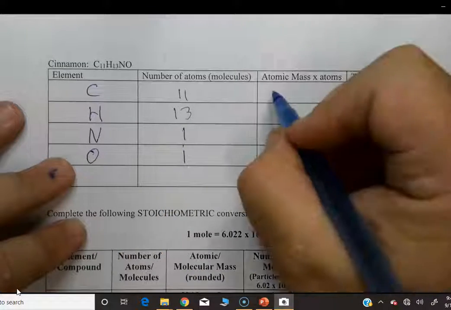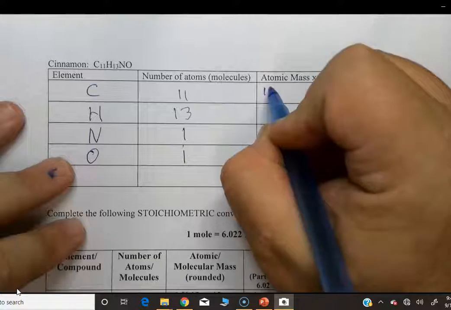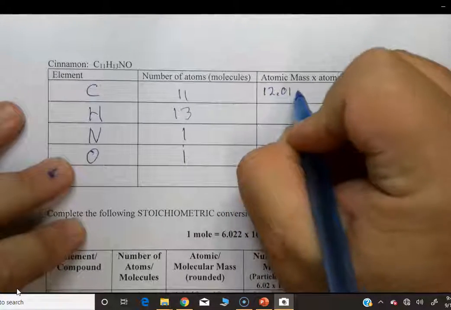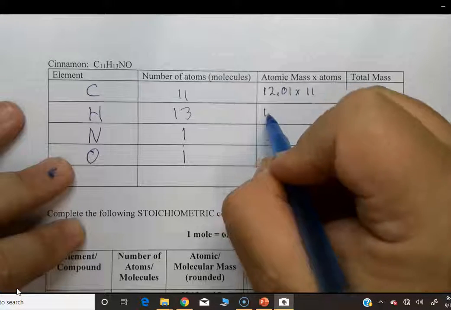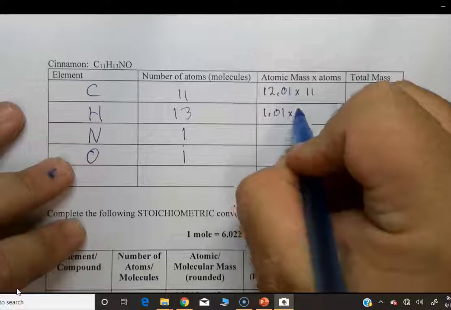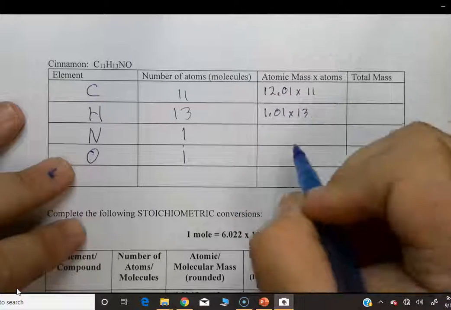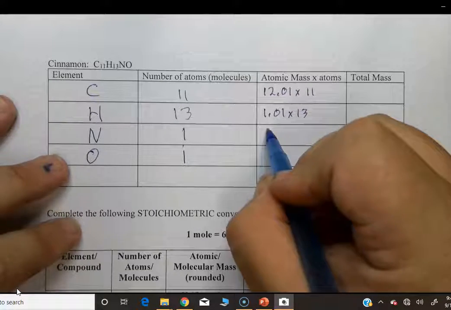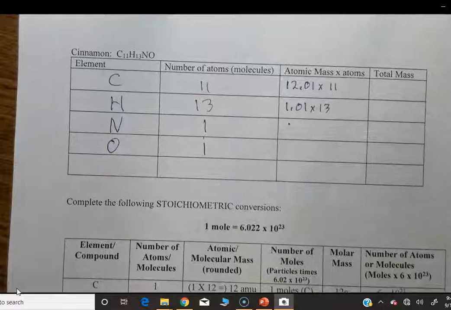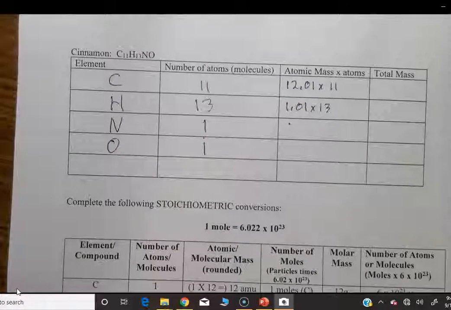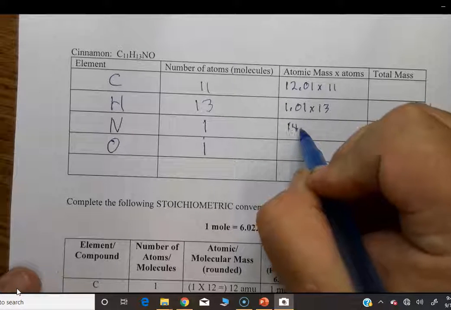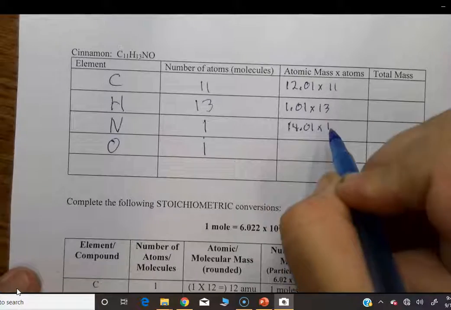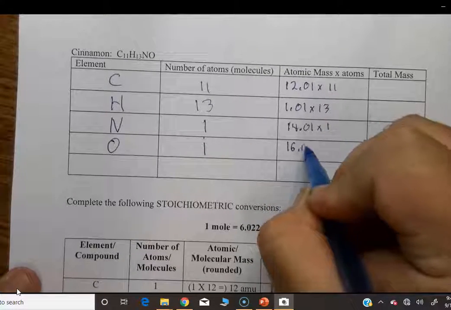Okay, so we're going to do carbon 12.01 times 11. Hydrogen 1.01 times 13. And then nitrogen is 14.01 times 1, and oxygen 16.